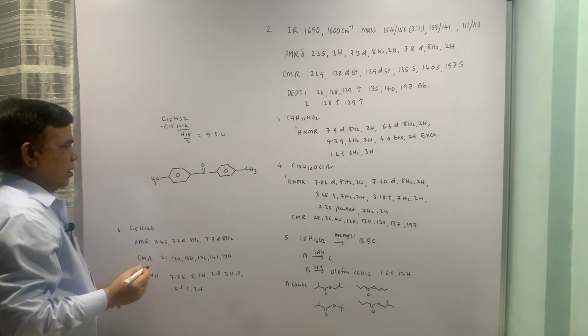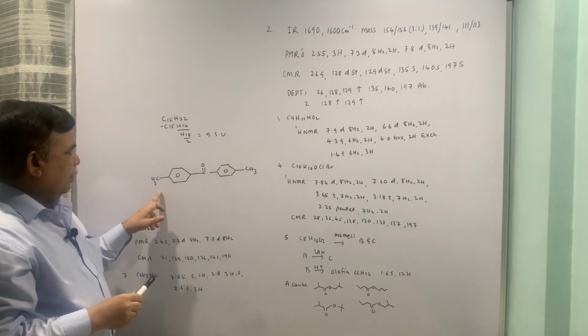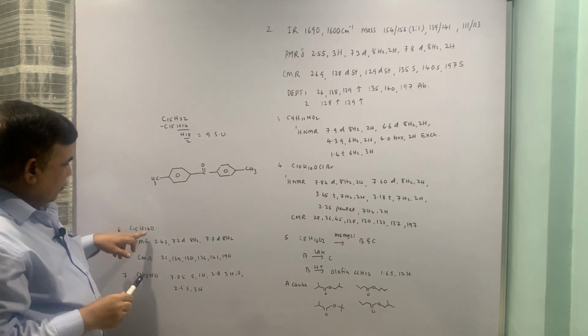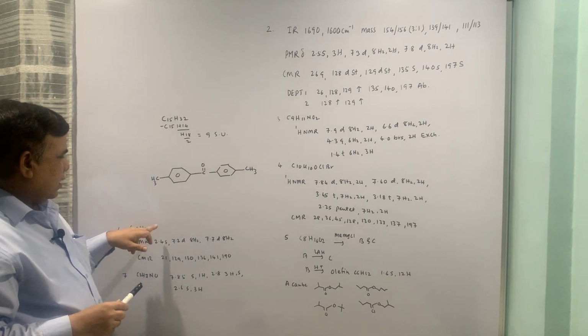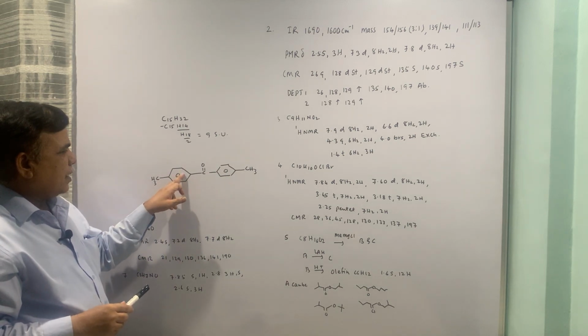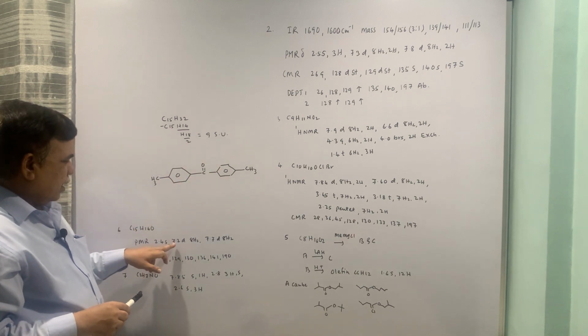Okay. So 15 carbons, 14 hydrogens, and oxygen is there. 9 sites of unsaturation, 4, 4, 1. So this is the structure.